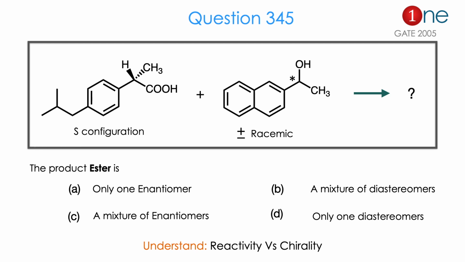They are asking the nature of the ester: whether it is only one enantiomer, or a mixture of diastereomers, or a mixture of enantiomers, or only one diastereomer. Basically you have to analyze the chirality and its optical activity. From the two different chiral compounds and their nature, you might realize the question is really about reactivity versus chirality. The answer is B. Let us see how.